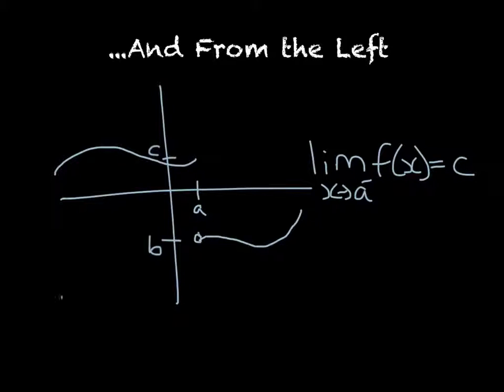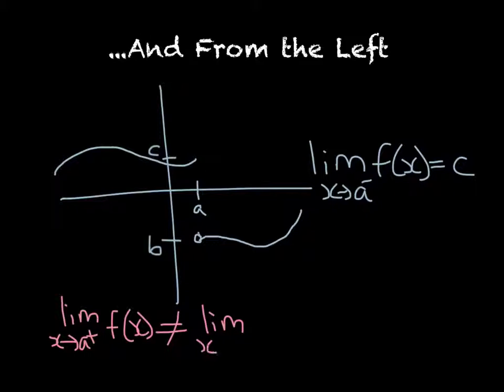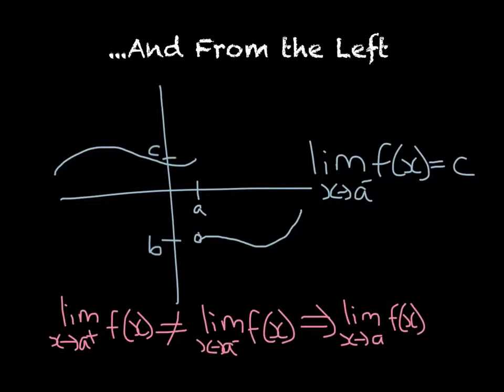If we have a case where the limit approaching from the right does not equal the limit approaching from the left, then we say that our general limit does not exist. And I'll use DNE to stand for does not exist.